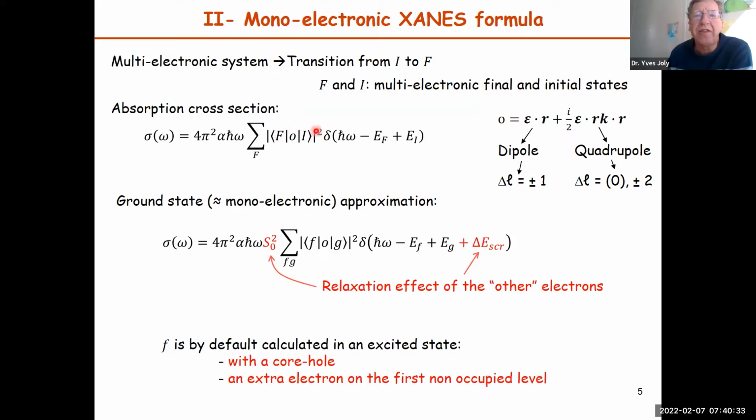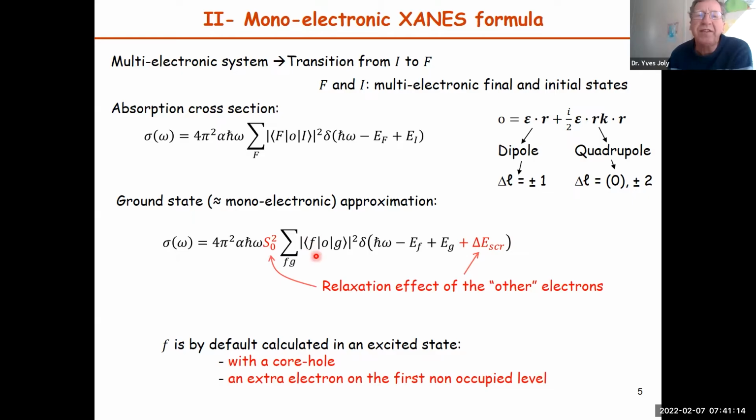And in fact, all the other electrons in the atoms or even in the molecules are just considered as following the general effect. So there are some effects, for example, the other electrons in the absorbing atom slightly contract after the transition to screen the core hole, and this contraction gives this factor S0 squared that you have probably seen already in XAS, but it's a constant.